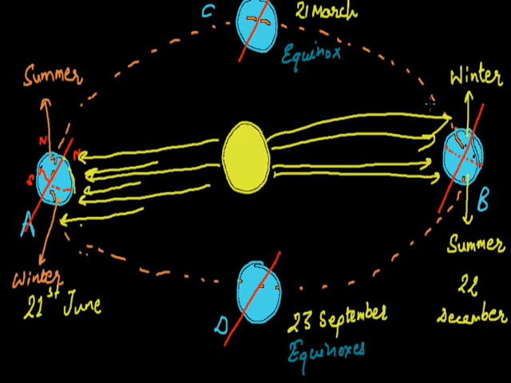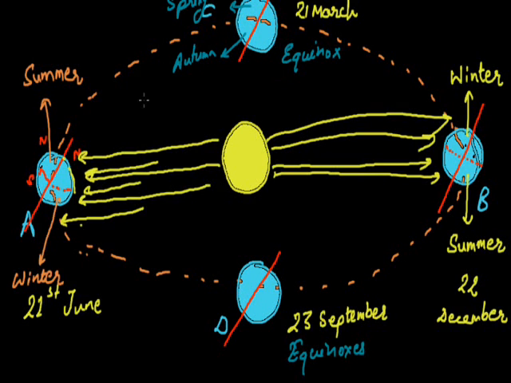After winter, there is spring in the northern hemisphere, while there is autumn in the southern hemisphere.